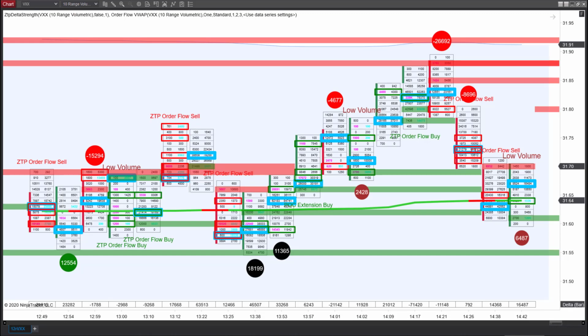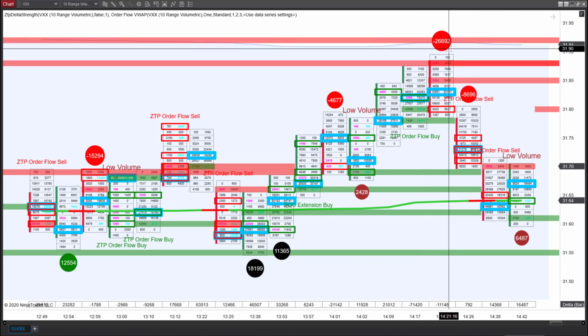As you can see, as we were bottoming here at 1254, we had a fairly decent number here of 12,000. And then as we came back down to test that low price, we did it on high volume and we got a significantly higher number. And notice up here where we are going to start to sell off, we have an almost 27,000 number.